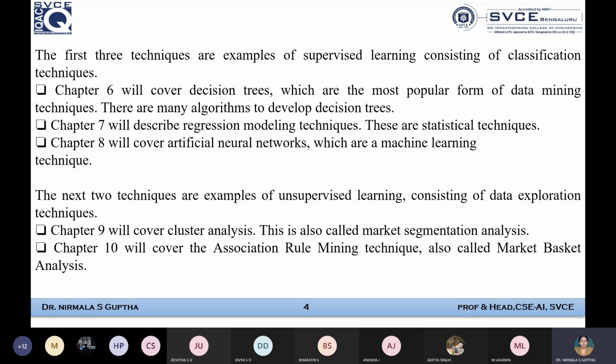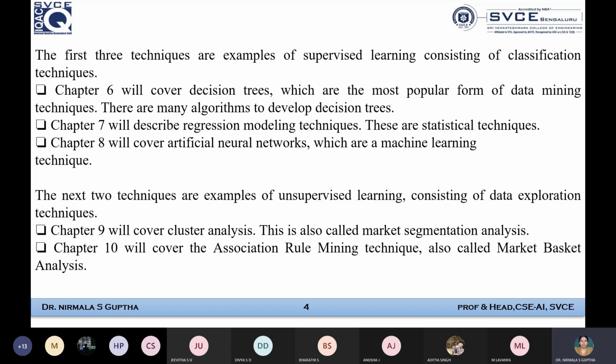The first 3 techniques, which we started yesterday and will learn in the consecutive classes, are decision tree, regression, and artificial neural network. These will be dealt with by section 2 of textbook 2 and its 3 chapters, which is supervised learning, consisting of the classification concept.